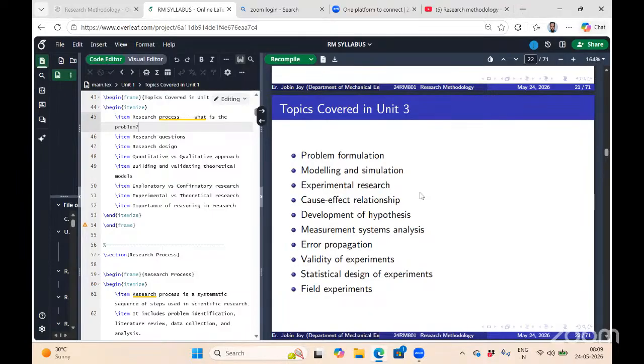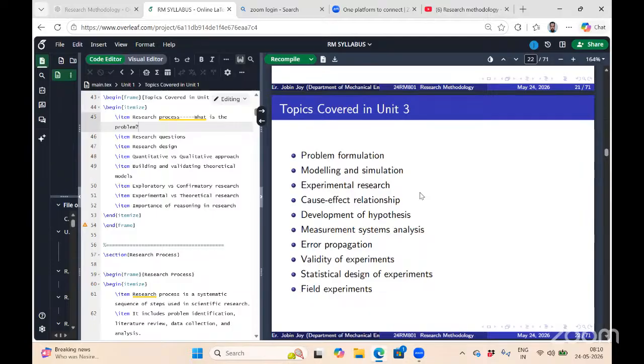If one variable changes, how does that change affect the performance of the other? The cause is the independent variable and the effect is the dependent variable.